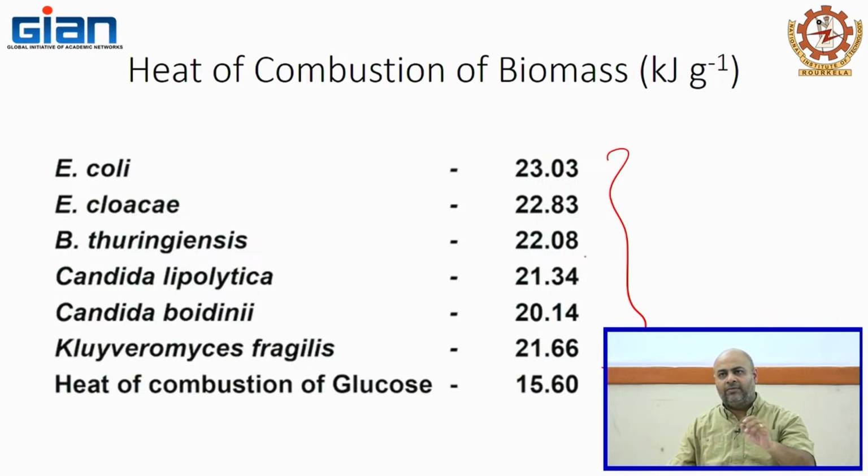Once you know your heat of combustion, if you do your in minus out plus generation is equal to accumulation, where will this particular value go? The heat generated by the microbes, will that be an in, or will that be considered as a generation? In would be anything that you are providing, out is whatever you are taking away.